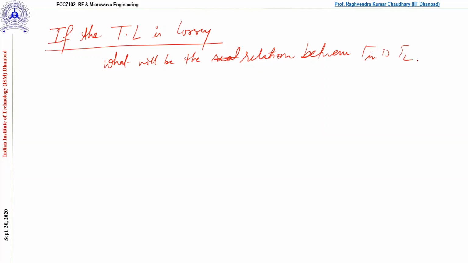We'll try to see these things today. It's very important, and one of the Smith chart problems is actually based on this, so it's necessary to learn here.